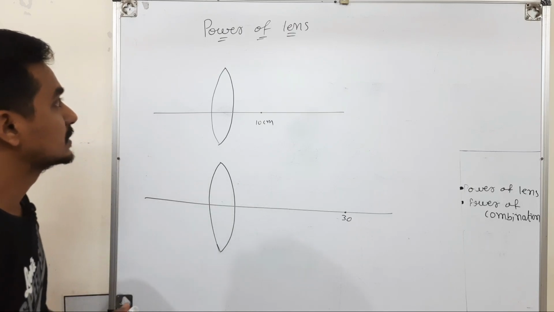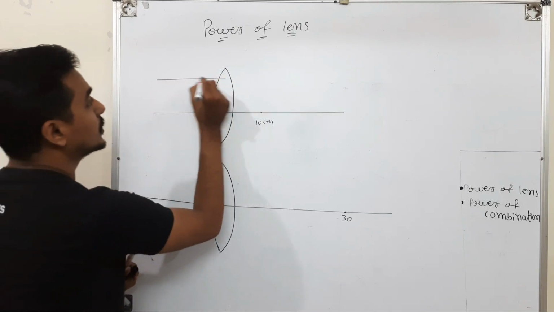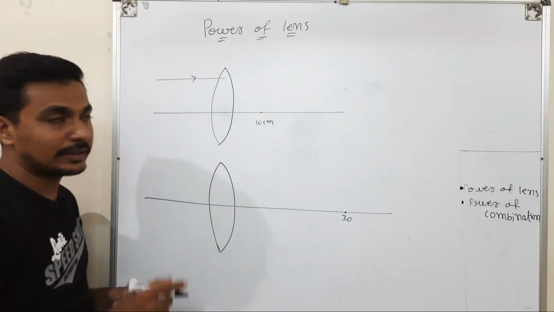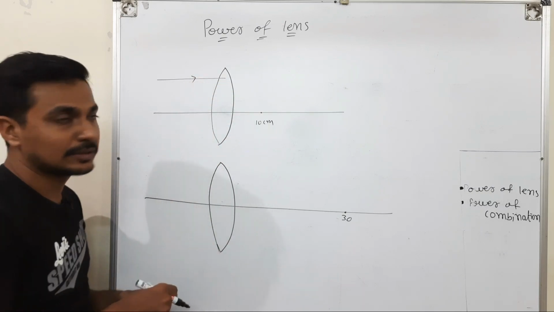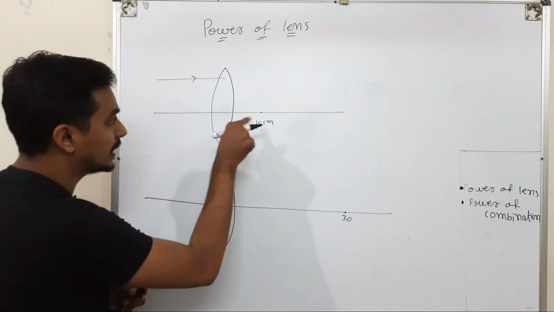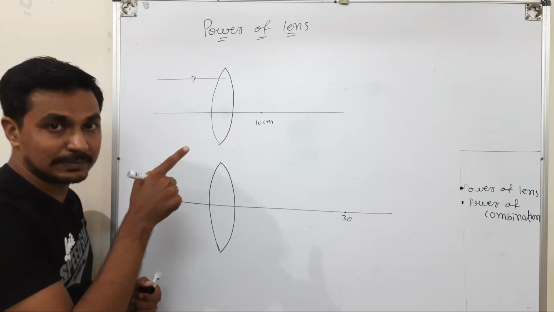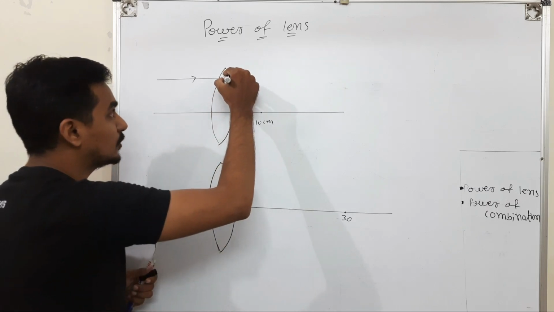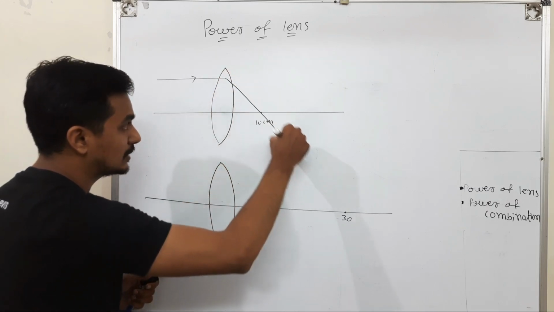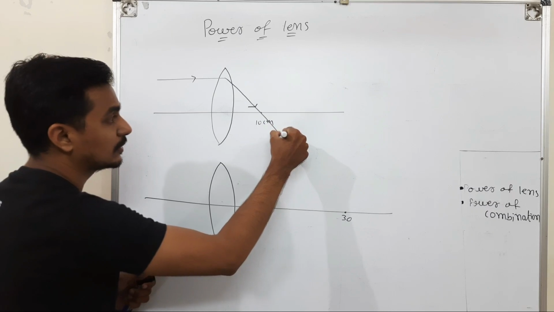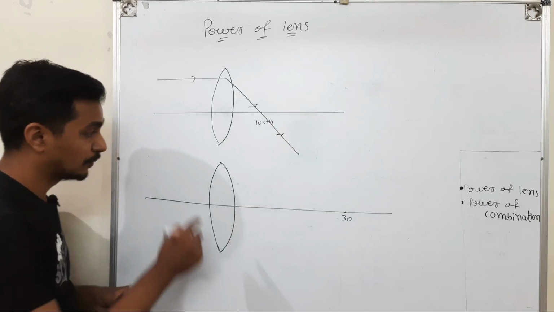Now suppose I introduce a ray incident on the lens which is parallel to the principal axis. Then after refraction the ray will pass through the principal focus.